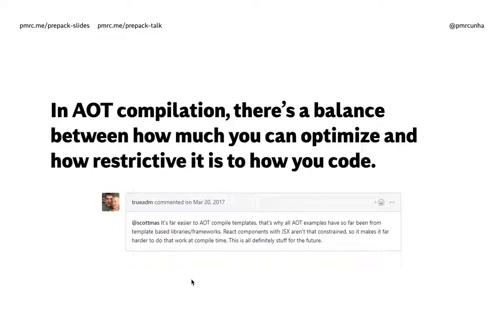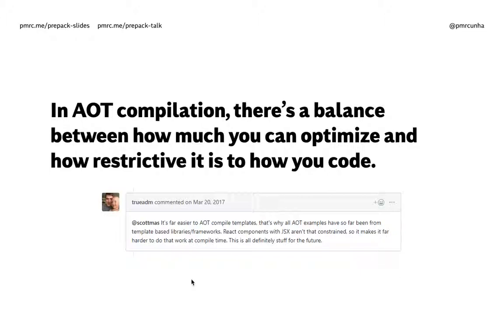There's a relation here between how much you can optimize and how restricted you are. Templates are much more restrictive than JSX, where you have all the power of JavaScript to do whatever you want, right?